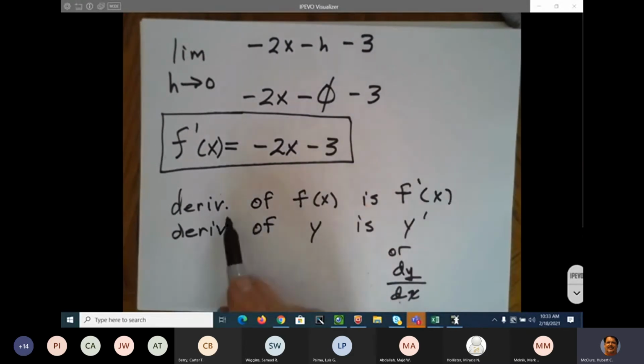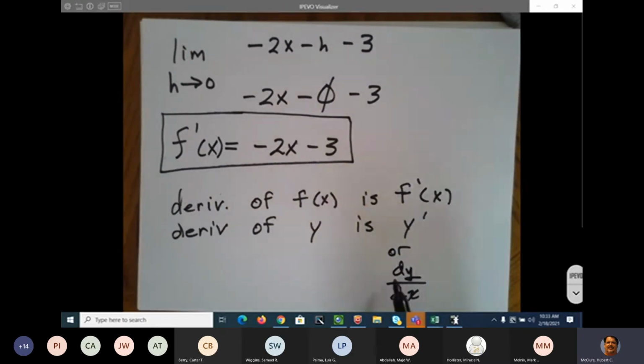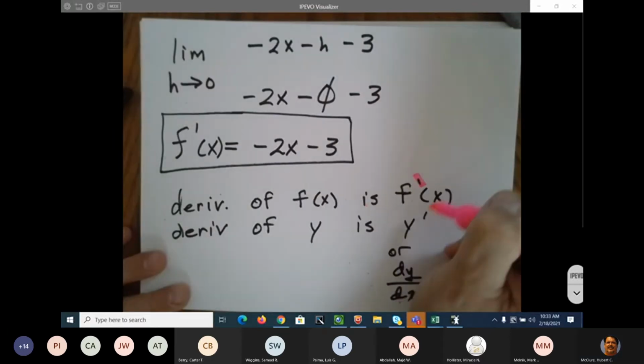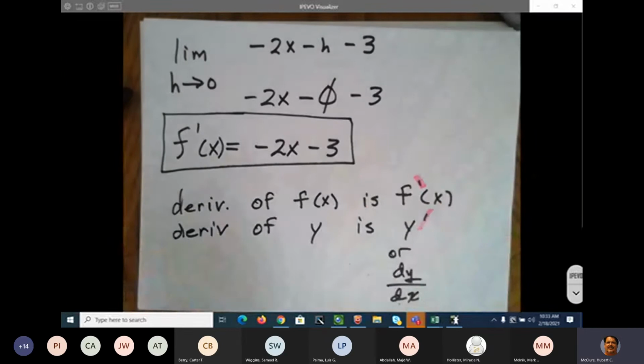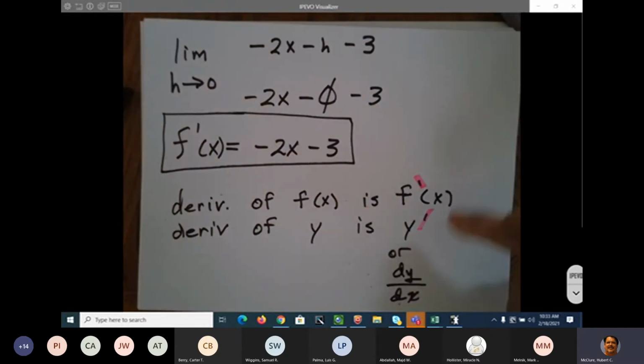The derivative of y is y prime or dy dx. You'll see all three of these in the future. So I want you to take a highlighter, I'm going to take a pink highlighter and highlight this little accent symbol, which is called prime. You're going to see it written one of these three ways.